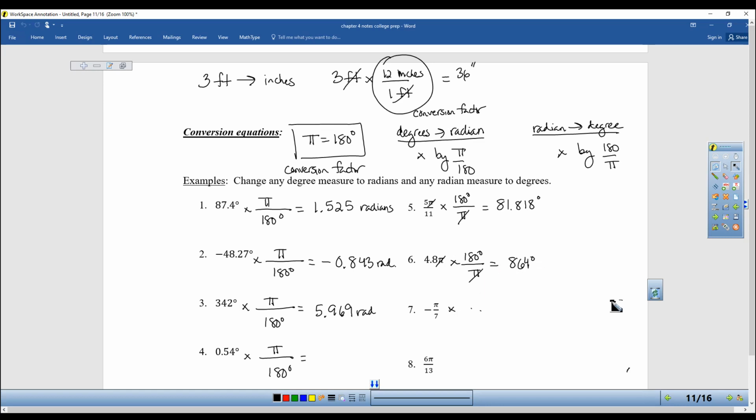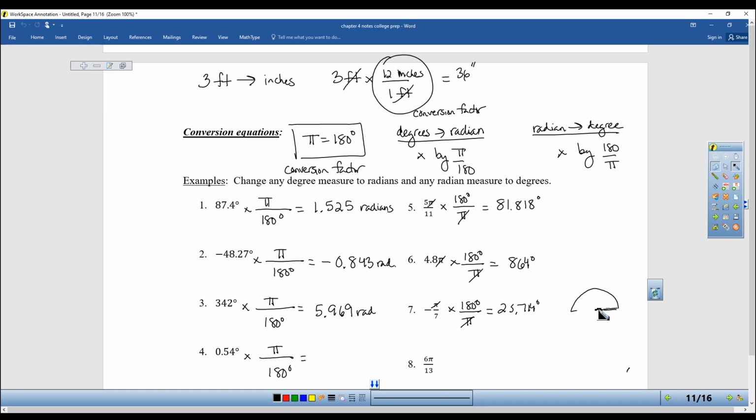Negative pi sevenths. So try and think about what that means. It's tiny, right? Pi sevenths. If pi is halfway around, it's a seventh of that. It should be tiny. It should be a small number of degrees. And sure enough, if I multiply by 180 and divide by pi, then I get 25.714 degrees.